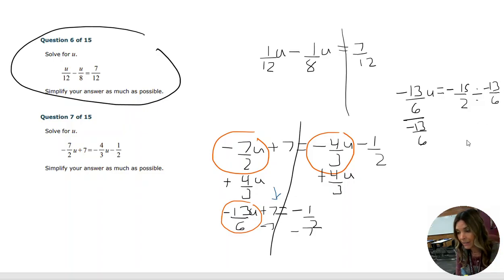That -15/2, I left in my calculator because that has to go in the calculator first, and that does matter. Then -13/6. And our final answer is u equals 45/13. And there you go.